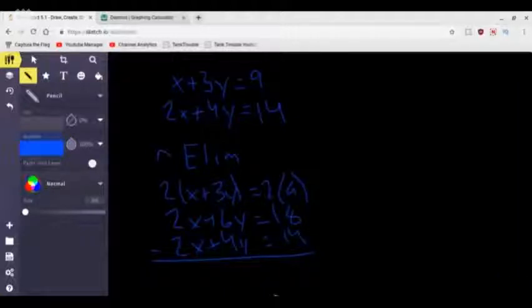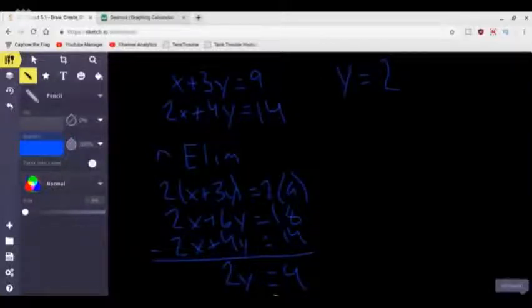And positive 6 minus positive 4 is 2. So that would be 2y. 18 minus 14 is 4. So now we have here 2y equals 4. And if you divide both sides by 2, you get y equals 2.